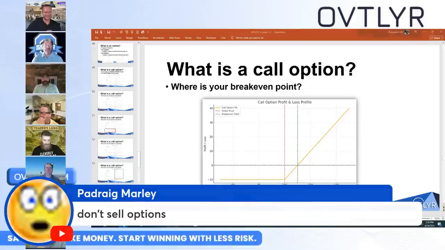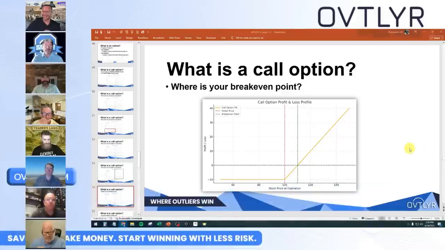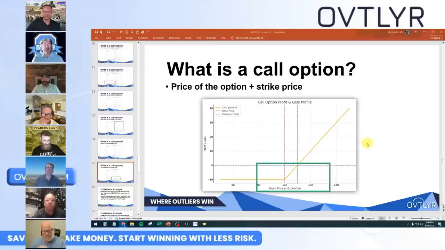Don't sell options. What if you happen to be holding the stock already because you're a bag holder? Does it ever make sense to sell options against the stocks you already own? You can do that. That's kind of like what Dave was talking about with the covered calls. In theory, by selling a covered call, you are taking in what that person bought it for.